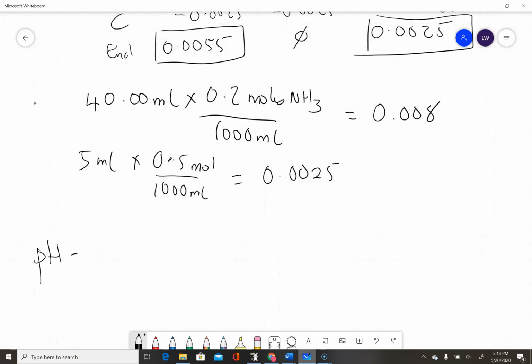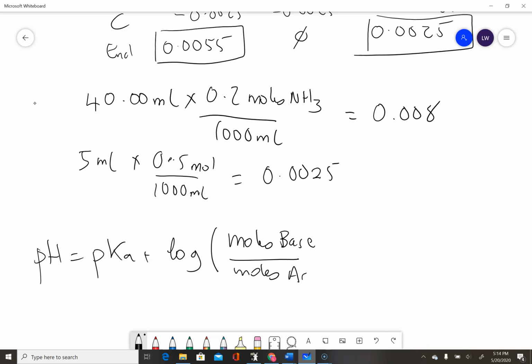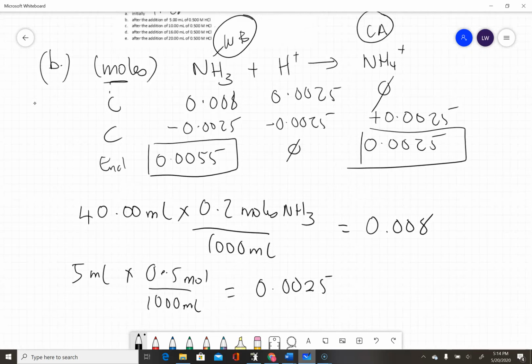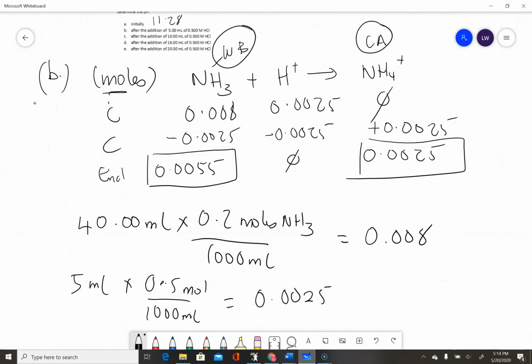So pH equals pKa plus log of moles of base over moles of acid. Now we've got a little bit of a complication because we want to get the pKa, but our acid is an ion.